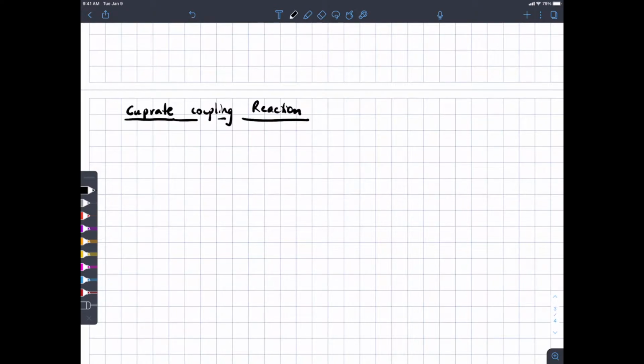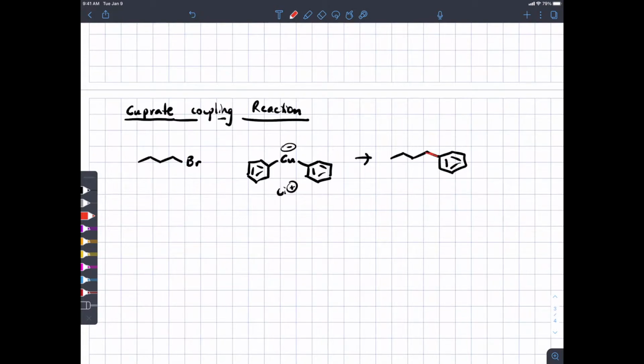So in this reaction, we will take an alkyl halide. Let's go ahead and say bromide. And we'll take the diphenyl cuprate. And we will make a new bond between the alkyl group on the alkyl halide and one of the phenyl groups.